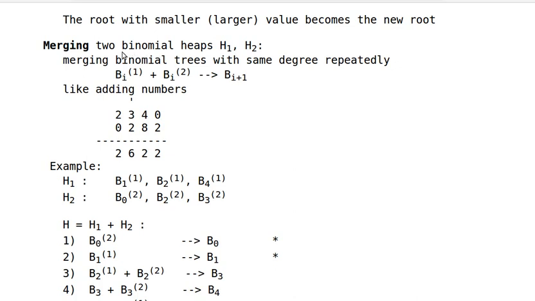Say if the two binomial trees have Bi, we can merge them together, then we'll get Bi plus 1. And then one of the heaps may have a Bi plus 1. Then we need to continue to merge them to get a higher order binomial tree.